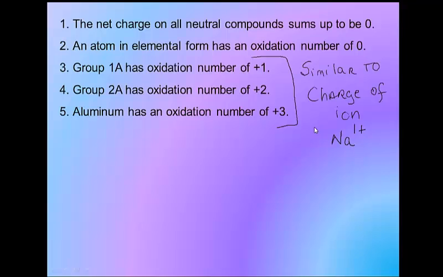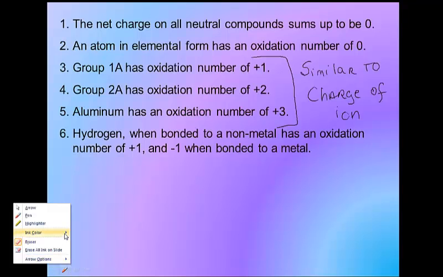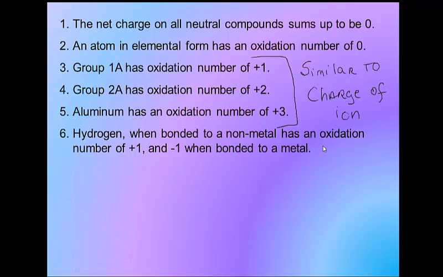Okay, so going on beyond that, hydrogen, when bonded to a nonmetal, will have an oxidation number of +1 and a -1 when bonded to a metal. So what the heck does that mean? And we will do examples. What that means is that in a situation, and I just showed you an example, when it's a nonmetal, here's your nonmetal, it's actually the positive end, and when it's attached to a metal, it's actually going to be the negative end.